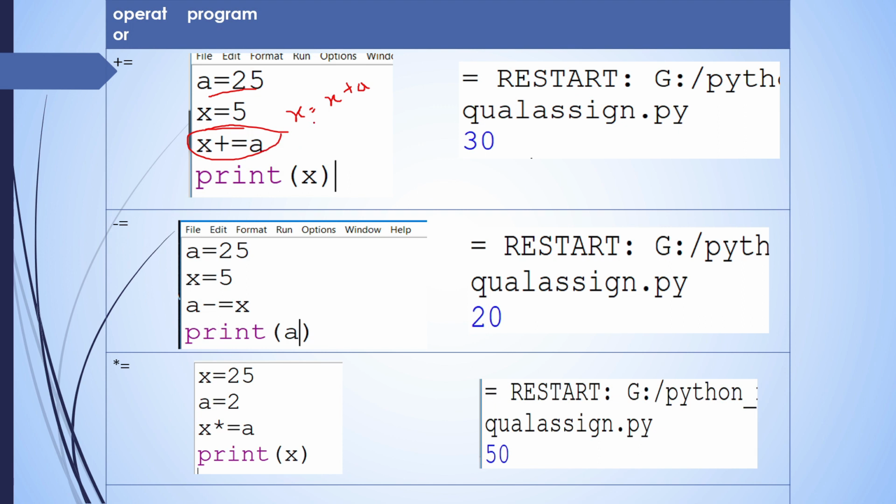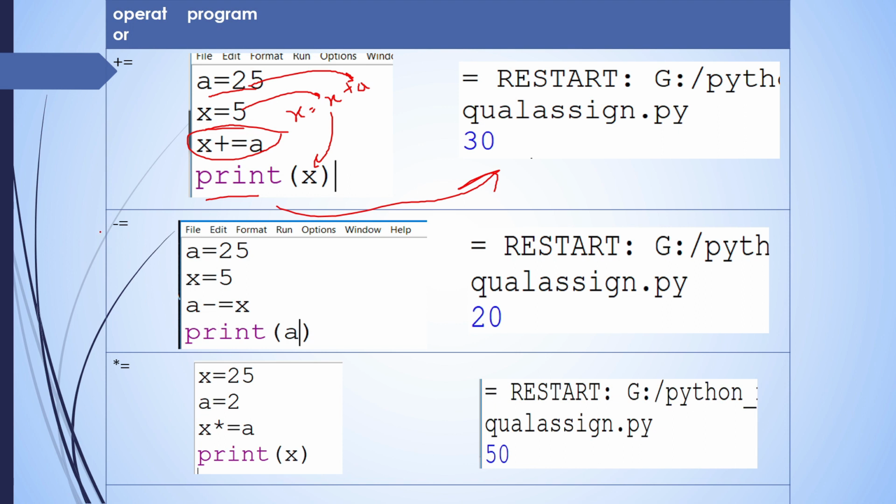That means it performs the addition operation on these two operands. So a has a value of 25, x has a value 5. The output comes here, and when we use print, it will display on the output screen.